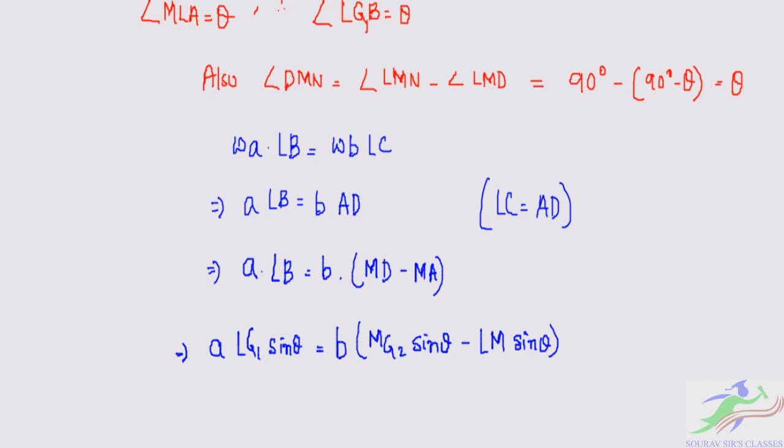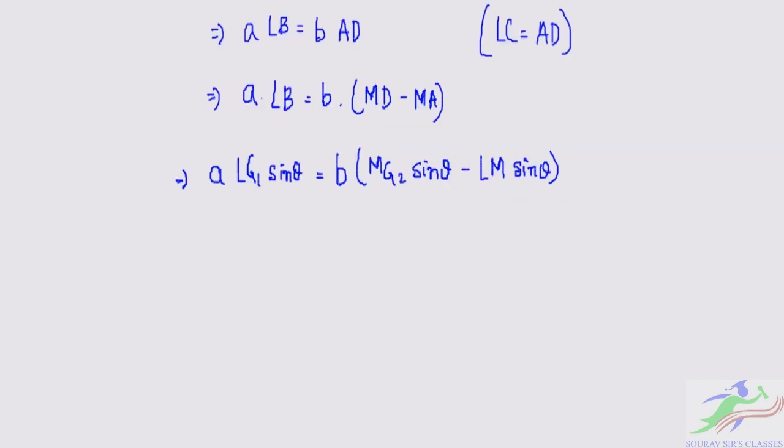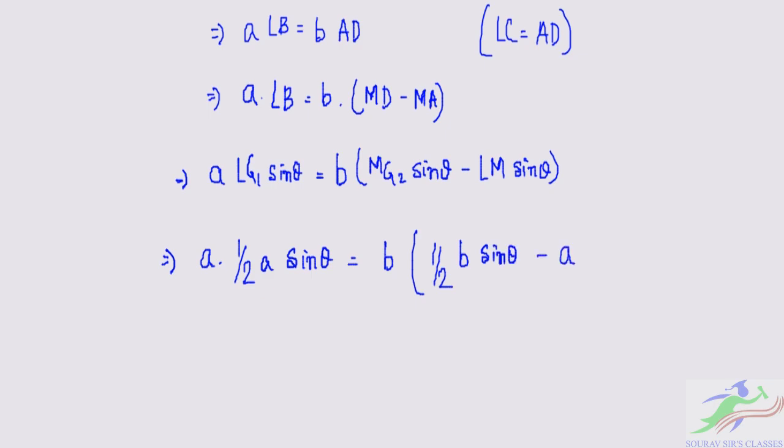LG1 is half of A, so we can write half A sine theta. Then B times MG2, which is half of B sine theta, minus LM, which is A sine theta.